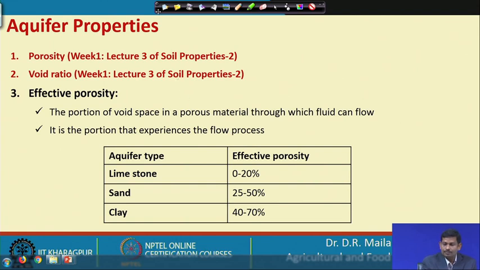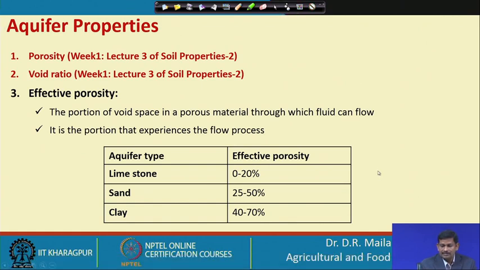In that case, the porosity is 100%, but the effective porosity is not 100%. For aquifer types, for limestone the effective porosity will be 0 to 20%, sand 25 to 50%, and clays 40 to 70%.